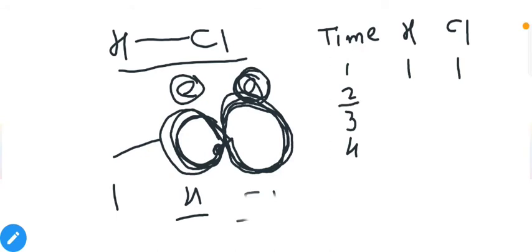But on the second, what happened? The electron of hydrogen will spend only half a second inside it, and the other half second will be spent inside the chlorine. That means at that time 0.5 will be spent inside the hydrogen, and in the case of chlorine it will have 1.5 electrons. On the third second, we can say that the electron of hydrogen does not spend any time in it, and at that time chlorine has 2 electrons for 1 whole second.